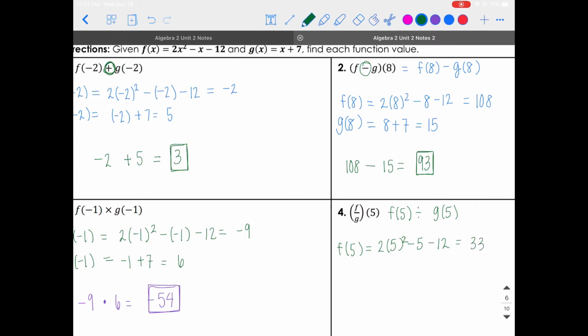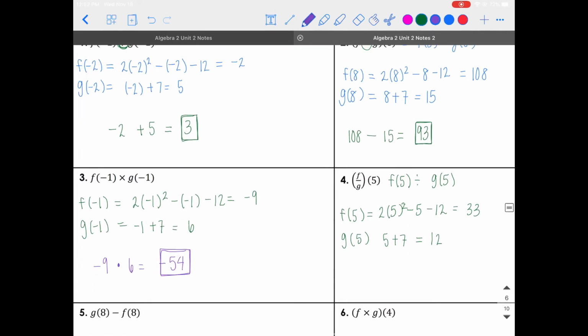Let me get 33. G of 5 would be 5 plus 7, which is 12. And 33 divided by 12 is 2.75.